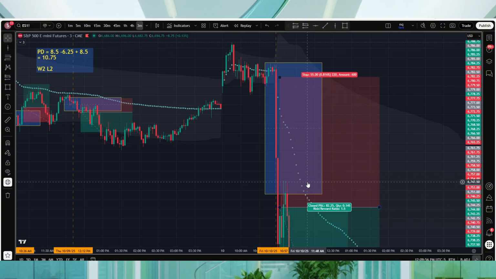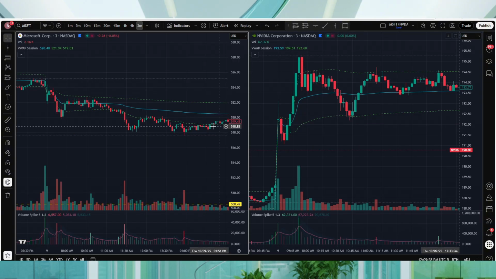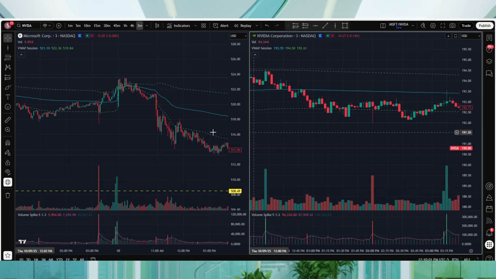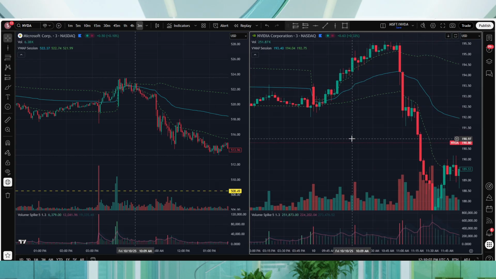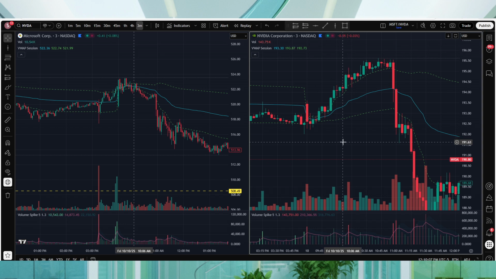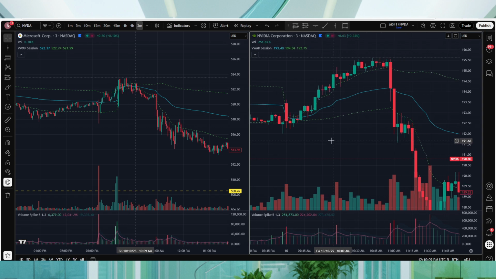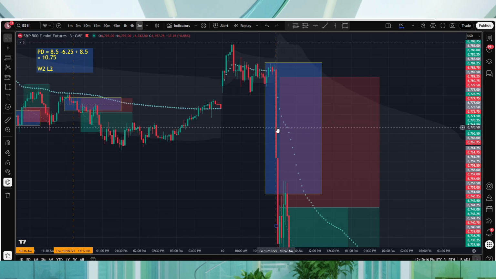Okay, so October 10th. Our first signal after 10 a.m. is right here. Our first signal after 10 a.m. is 10:12. And it's this massive candle here.